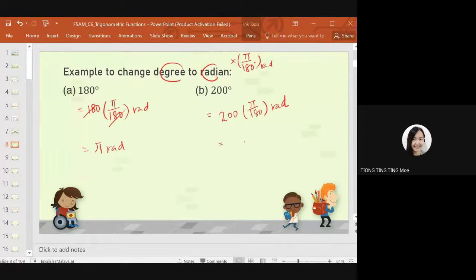So you will get 200 over 180, how many? 10 over 9 pi radian. You can give the answer in this form if the question doesn't ask for how many significant figures.